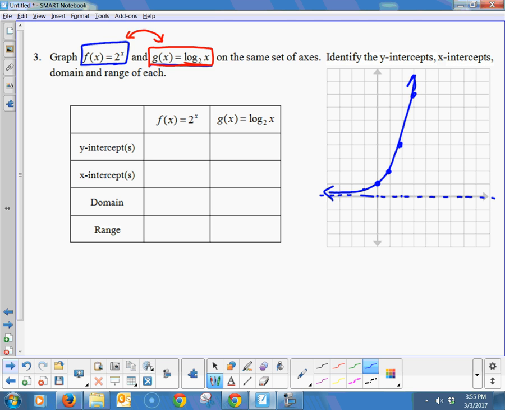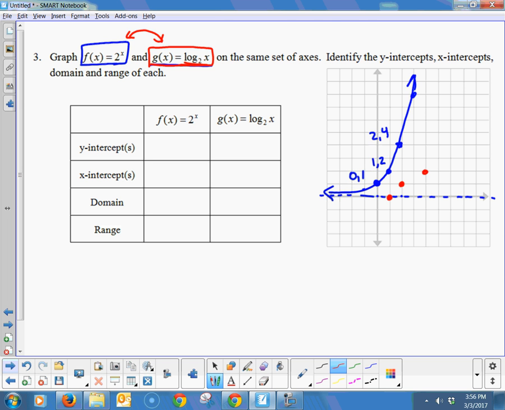So if I take a look at my original function, 0, 1 is on my original function. So 1, 0 is on the inverse. And 1, 2 is on my original function. So 2, 1 is on the inverse. And 2, 4 is on the original function. So 4, 2 is on the inverse.